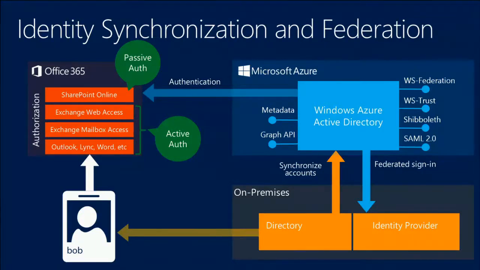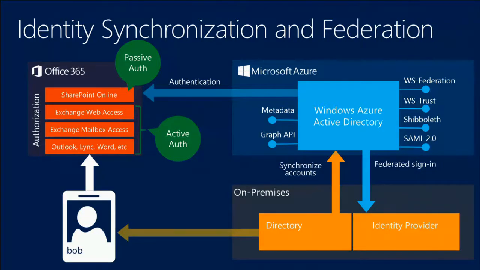Outlook Web Access just has to point to the identity provider, and the identity provider will show a login screen, validate the password, and send a token to Exchange Online. So Outlook Web Access actually doesn't do very much there. We call that passive auth, and it's typically done by web-based applications. And so SharePoint Online will use passive auth, and Outlook Web Access will use passive auth. The Office 365 portal will also use passive auth.